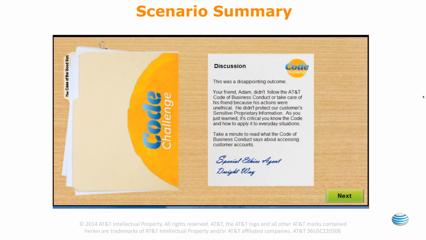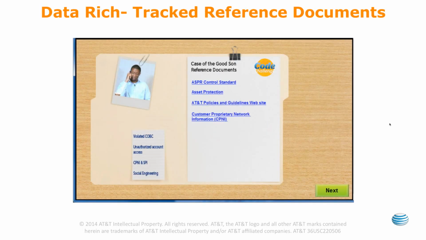At the end of the simulation, we provided them with a scenario summary, and this is an example of the summary screen in which the learner made a poor decision. Following the summary screen, they were presented with links to different resources and reference information if they wanted to learn more.